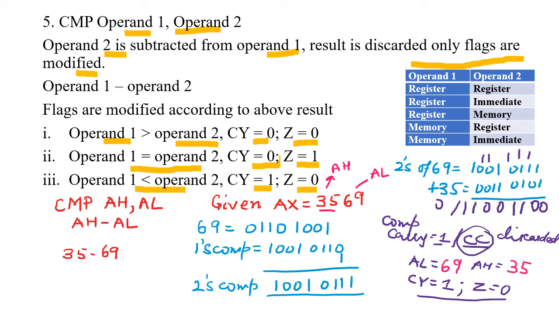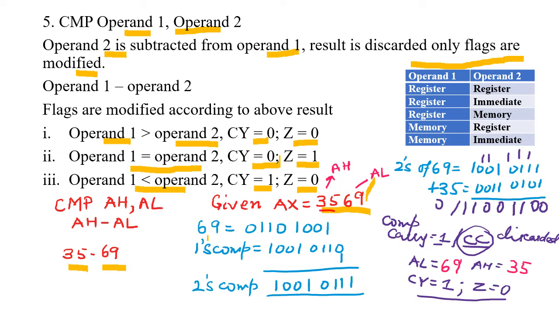Suppose question is compare AH, AL and given AX is 3569. This means AL is equal to 69 and AH is equal to 35. We have to subtract 69 from 35 and modify the flags according to the result. The result is discarded.